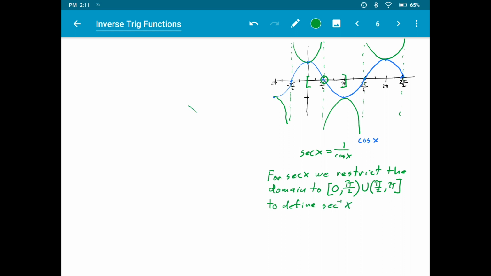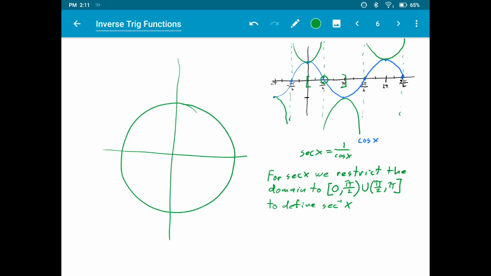On the unit circle, we're looking at 1 over cosine, so we're looking at 1 over the x values, which means that we've got to be looking at the full range of x values, but this means that we have to exclude that pi over 2 because dividing by 0 isn't defined.